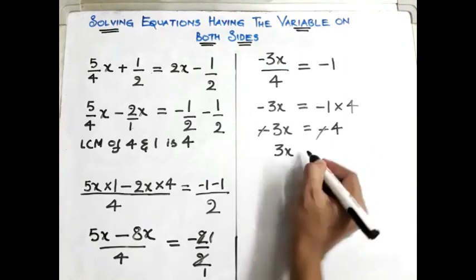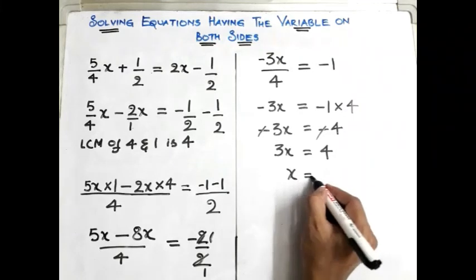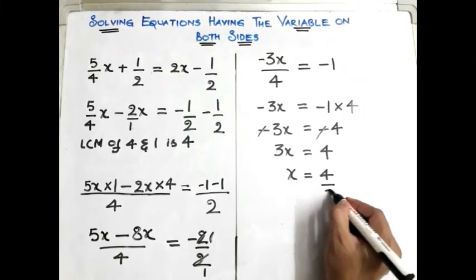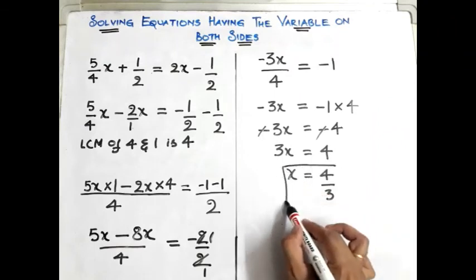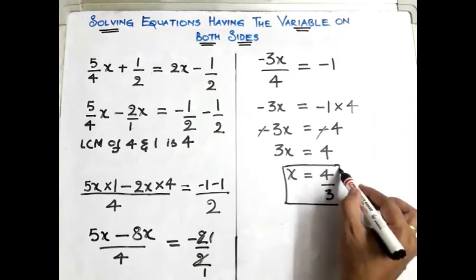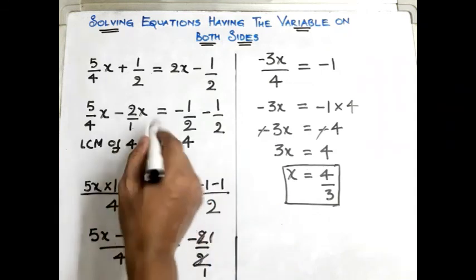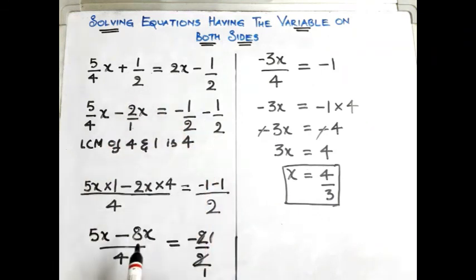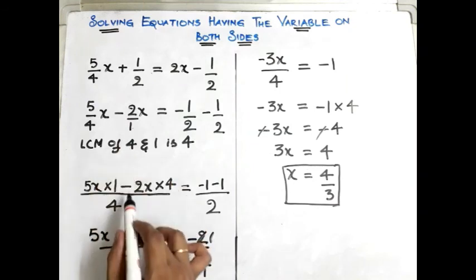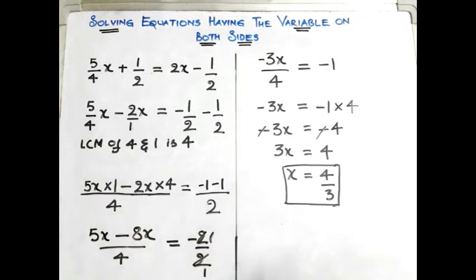So 3x is equal to 4, and the value of x is going to be 4 by 3, because 3 is in multiplication, so if we transpose it to the other side, it becomes division. Hope you got the point. Be careful with this kind of problems. Mainly using transposing is usually easy, whereas while finding the LCM and while you are transposing, please be careful with the plus and minus.